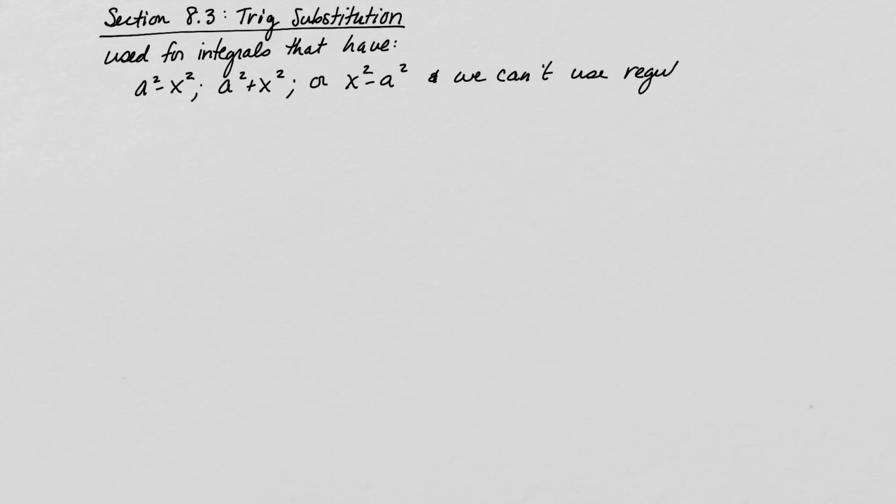They either have in the integral a squared minus x squared, they have a squared plus x squared, or they have x squared minus a squared, and we can't use regular substitution. Oftentimes, not 100% of the time, these are under a square root sign. So you might have the square root of a squared plus x squared, or the square root of x squared minus a squared. And we can't just use a regular substitution, okay?